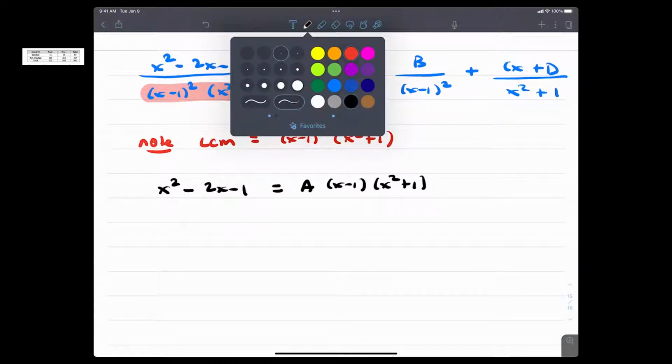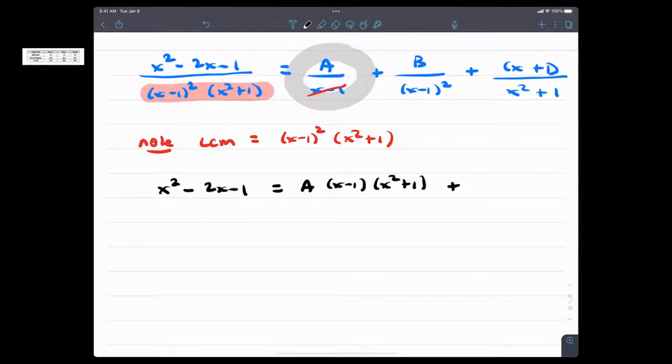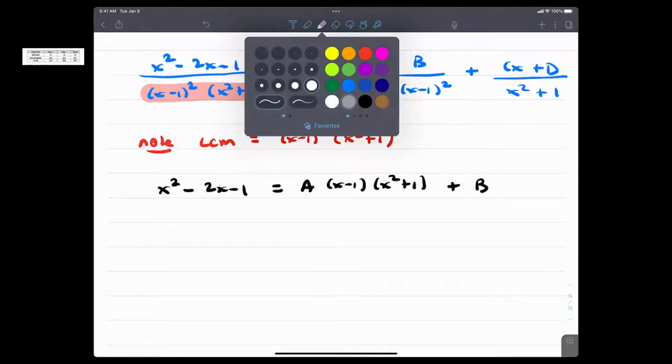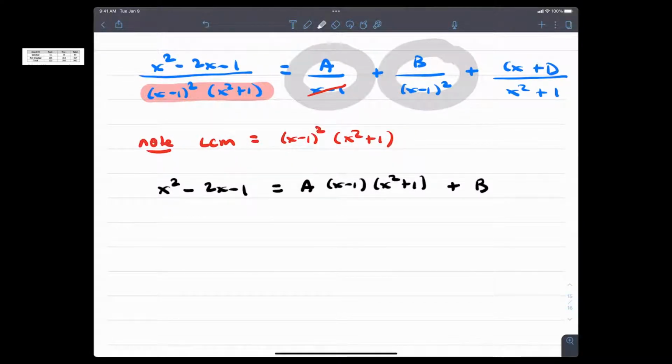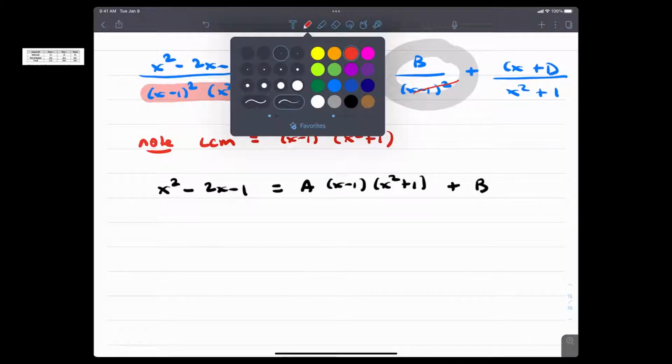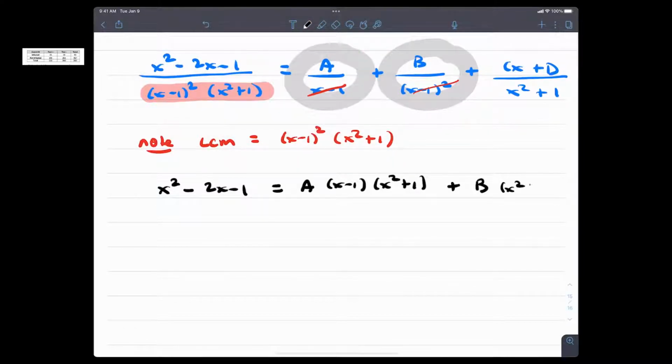Remember, you distribute. So this is going to be plus B, and you say, what's going to cancel here for the B term if I multiply by the LCM? Very simply, x minus 1 squared. And so what are you left with? The x squared plus 1. And then you have plus cx plus d, right?